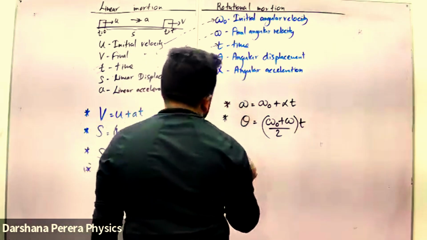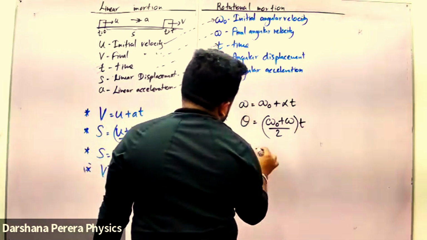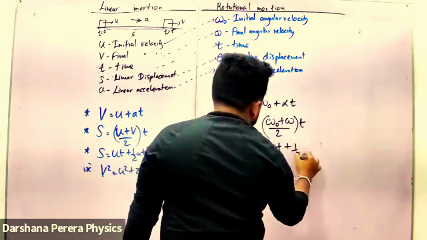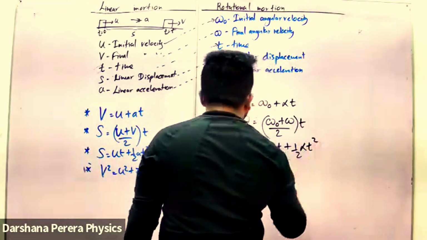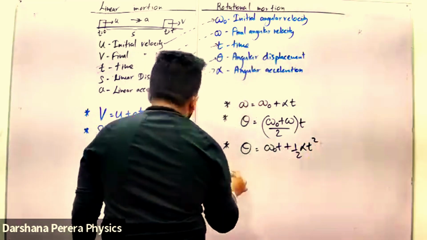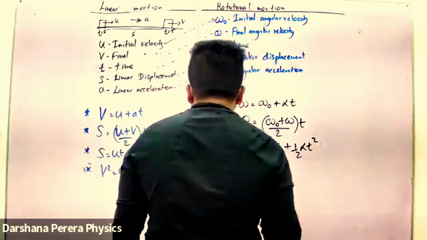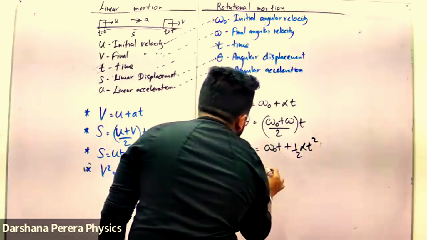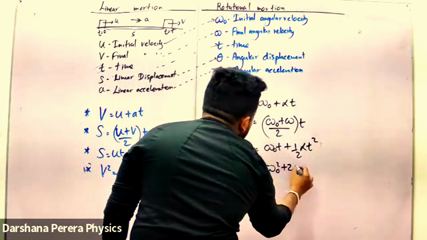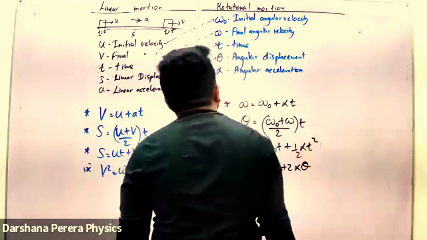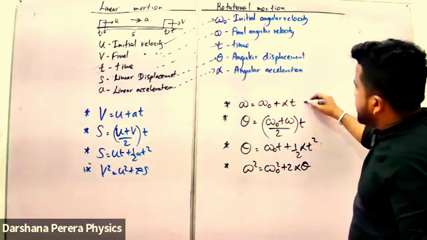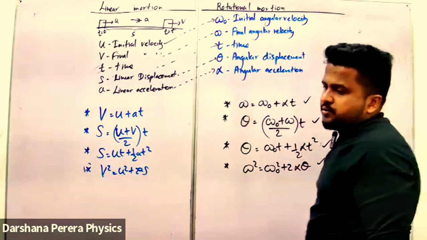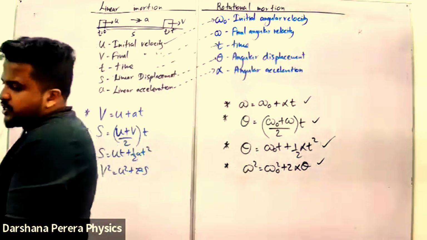Then theta equals omega naught t plus half alpha t square. Then omega square equals omega naught square plus 2 alpha theta. These are the equations we use in rotational motion.